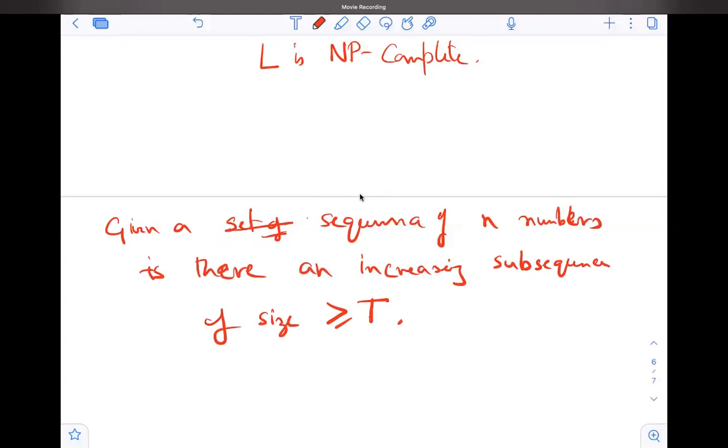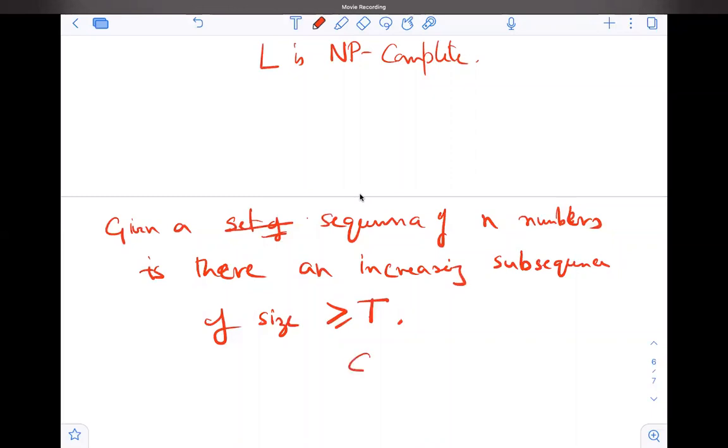Sir, it is P. Okay, why is it P? Because we can do this in n squared. We can solve the longest increasing subsequence problem in n squared, or polytime.